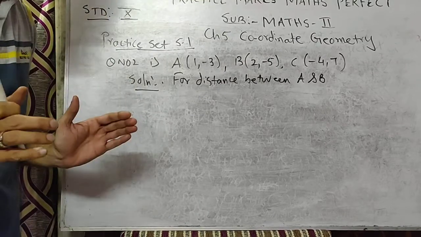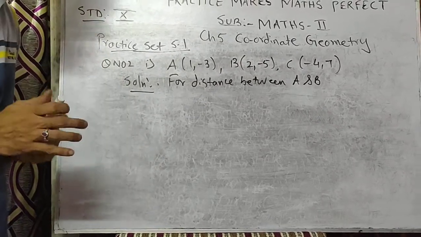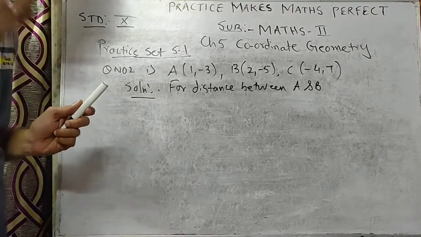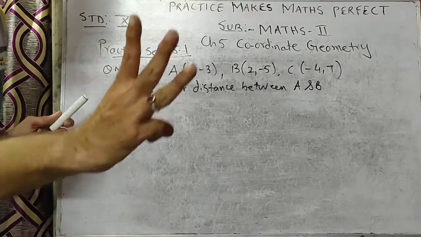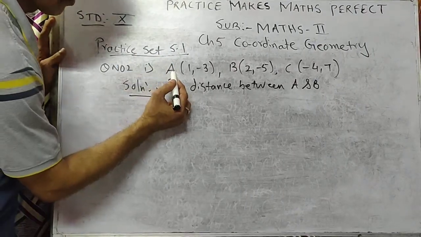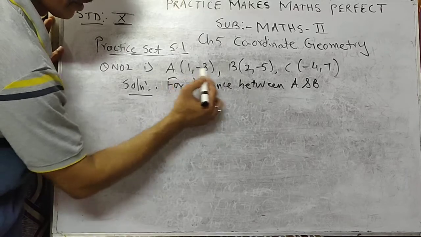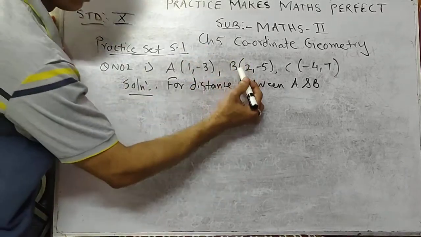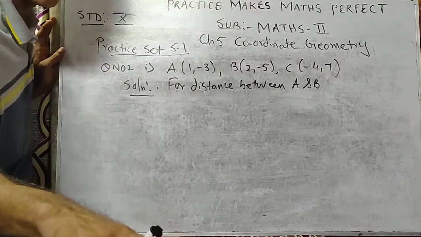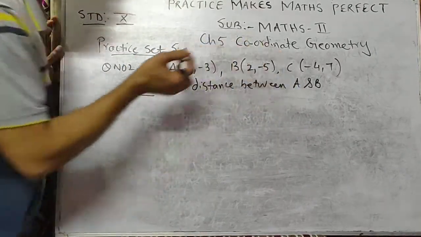Now how to show? In this sum you will use the distance formula only, 3 times. First you will find the distance between AB, then the distance between BC, and then the distance between AC.